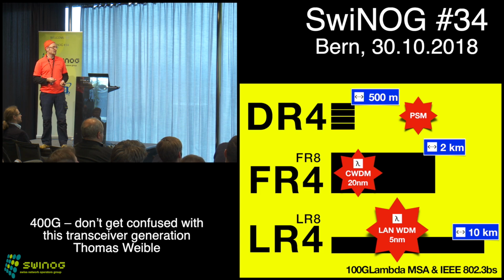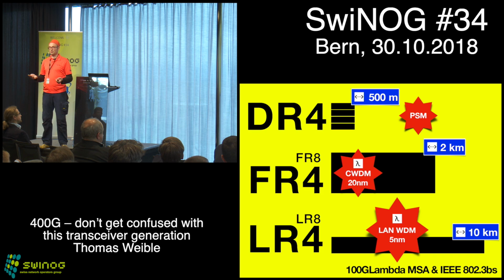That's pretty unique, and I think we will see some interesting applications coming up. For example, when you look at exchange points, currently the majority only offer LR4, and I'm pretty sure for 400 gigabit they might also offer FR4, because the 2 kilometers are quite sufficient in most data centers.